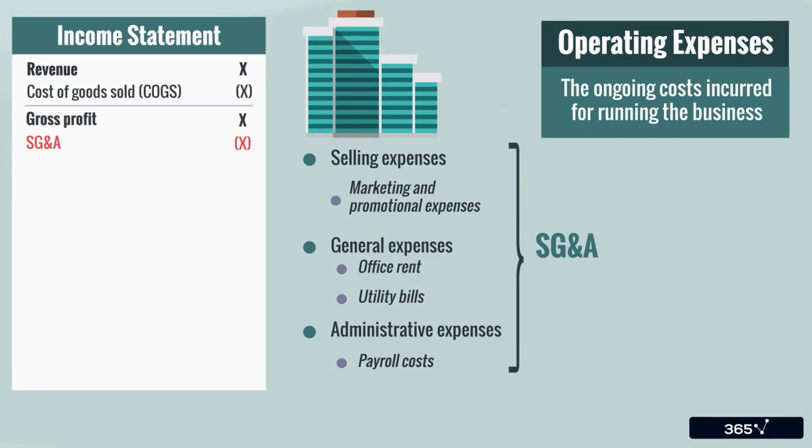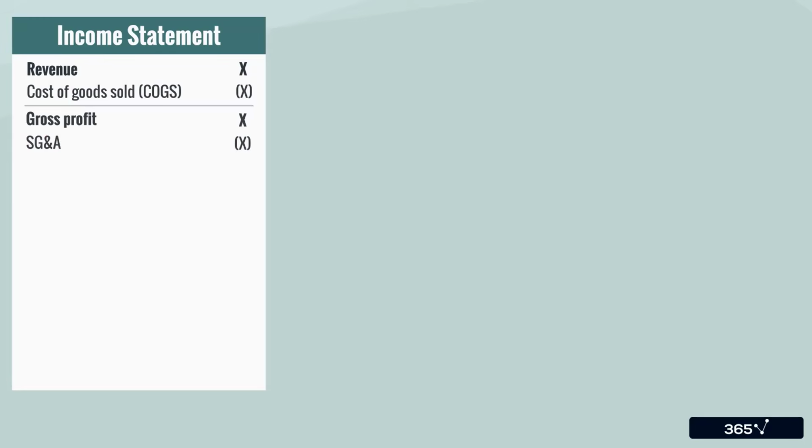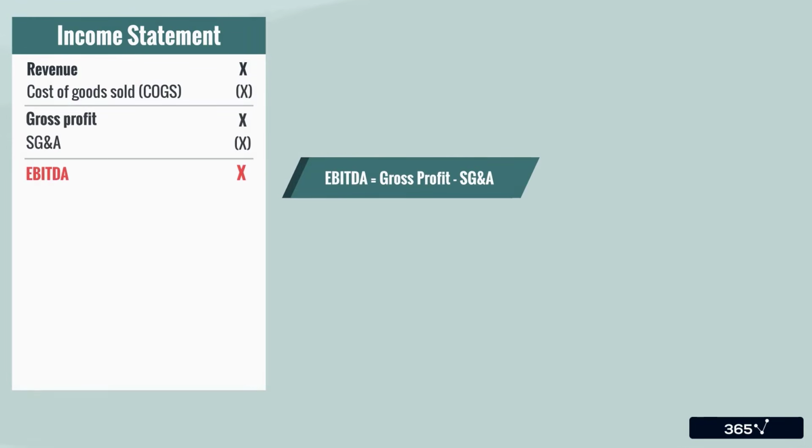Office rent and utility bills are often common examples of SG&A expenses. So, gross profit minus SG&A comes down to earnings before tax, amortization, and depreciation, or EBITDA amount. This is another level of profitability that we will need when preparing the projected financial statements of a company.